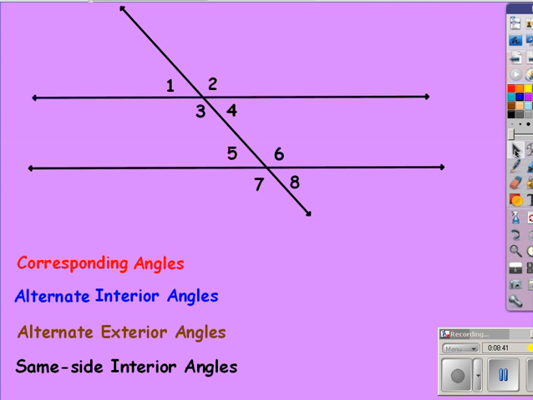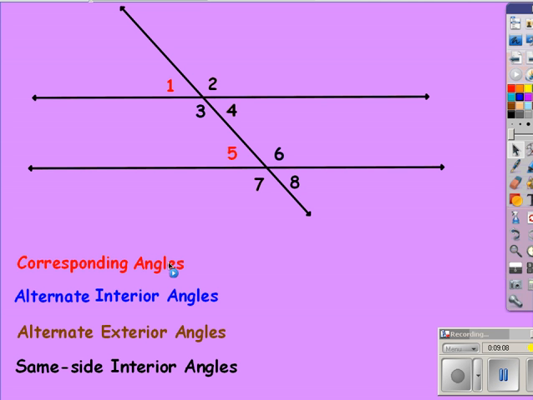So start with corresponding angles. Corresponding angles correspond. There's really no nice definition for any of these. They're just pictures and examples. So angle 1 is going to correspond with angle 5. One way to tell that they correspond is that if you look at angle 1, it's got a line below it and a line to the right of it.